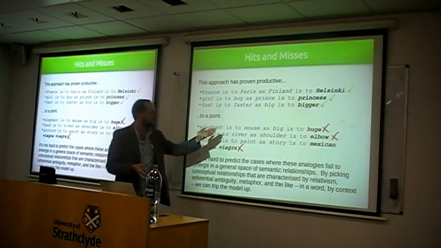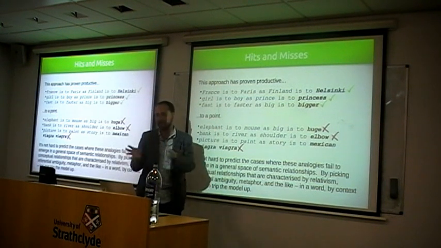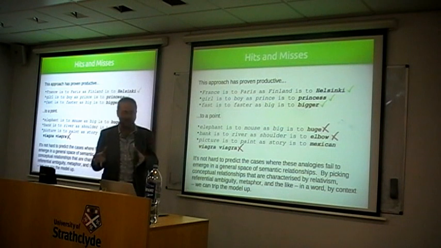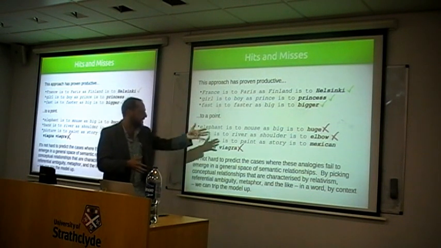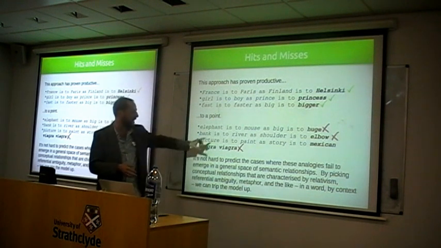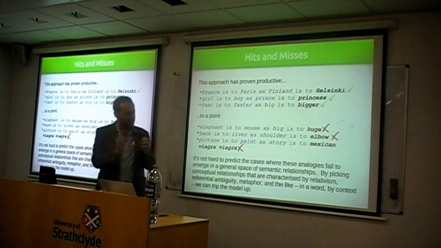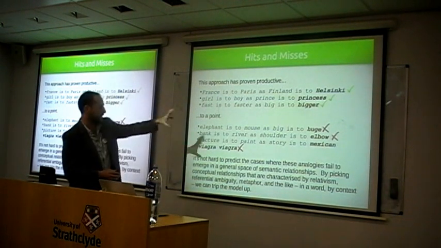In this case, the model is missing something about the relativism of elephants and mice in terms of the domain, or the dimension, of size. In this case, clearly the system is getting tripped up on the ambiguity of shoulder, and I don't know exactly what's going on down here, but it's definitely missed something that's maybe slightly metaphoric about whatever we do expect that last word to be.